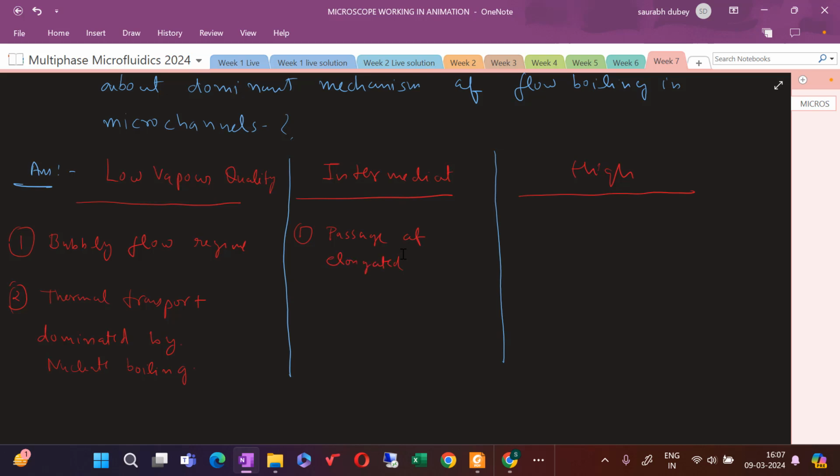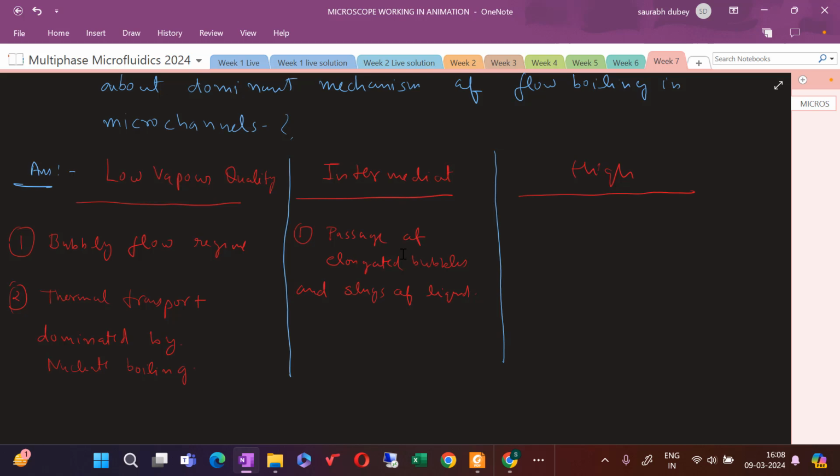Then there will be heat transfer by single phase convection in all the liquid and vapor zones, and by conduction or convection through the thin films.